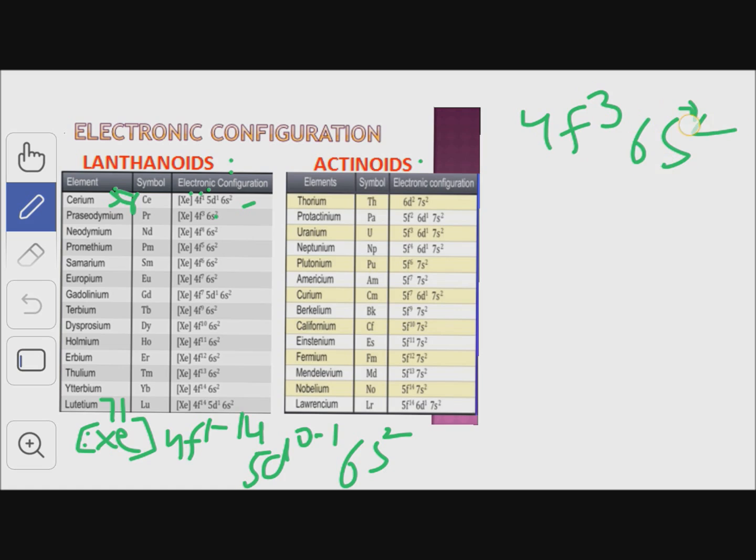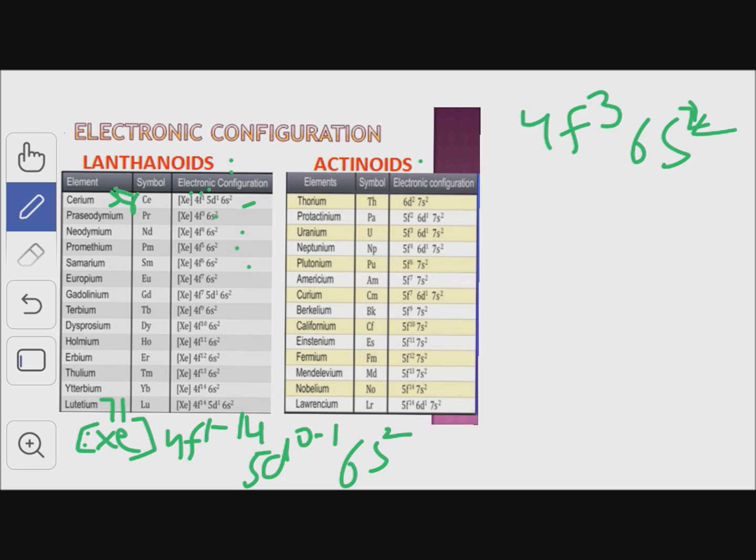There is no d electron in praseodymium. Next is neodymium, 4f4, 6s2. Promethium, xenon 54, 4f5, 6s2. Then samarium, Sm, xenon 4f6, 6s2.